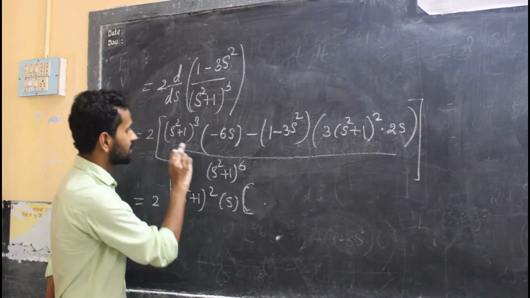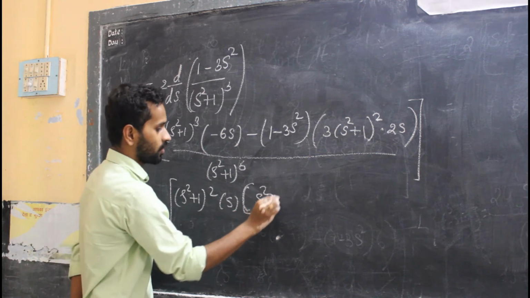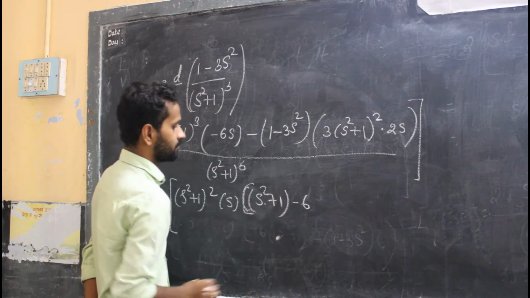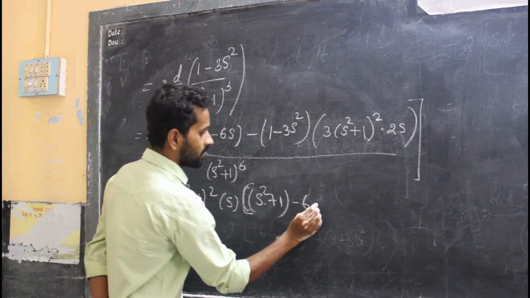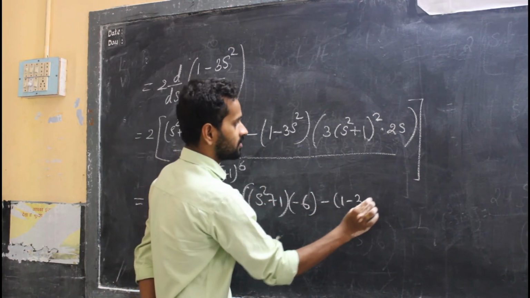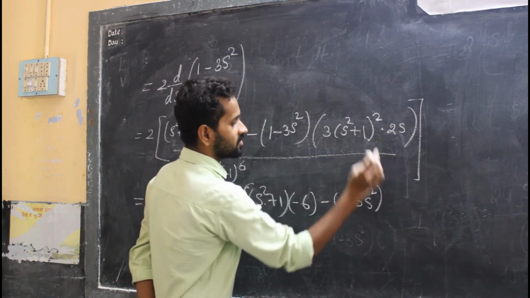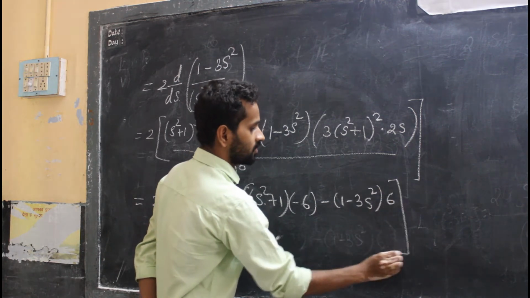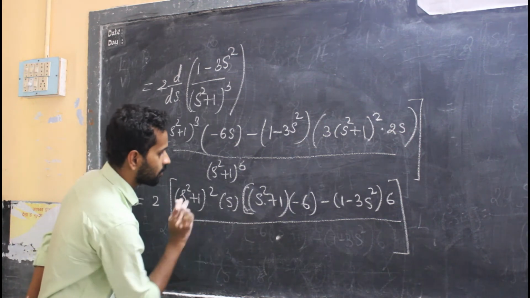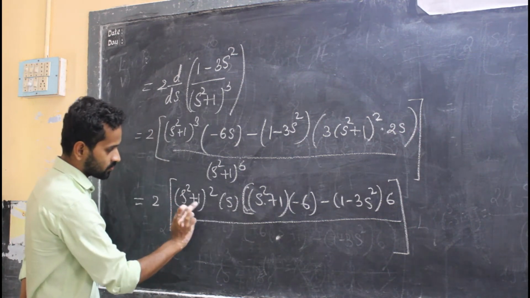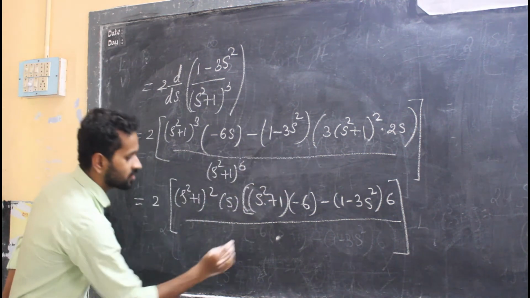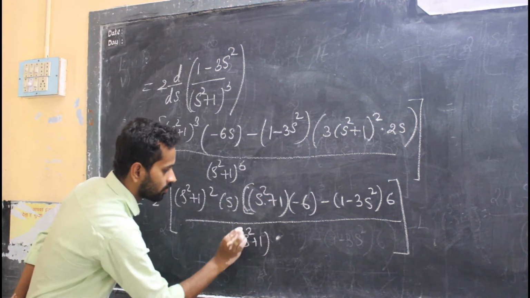What will be the left out inside? (x square plus 1) into minus 6, minus of (1 minus 3x square) into 6, 2 3s are 6. So this is my left out portion. I have taken (x square plus 1) whole square into x outside from this complete numerator. So this becomes (x square plus 1) whole to the power of 6.